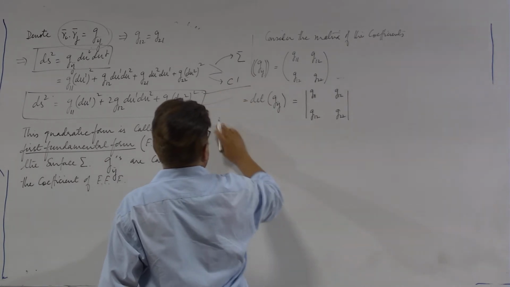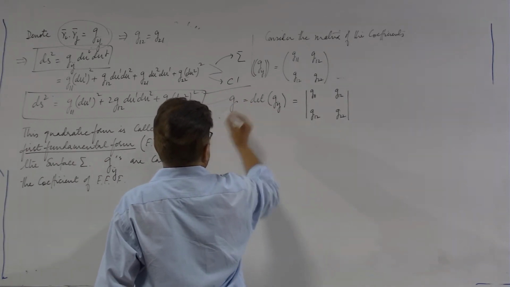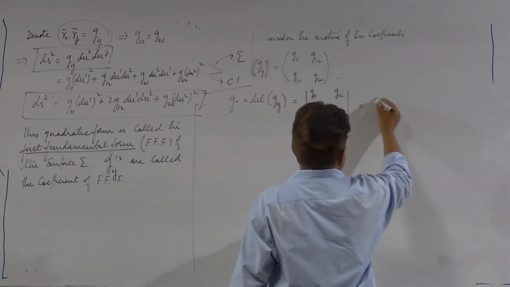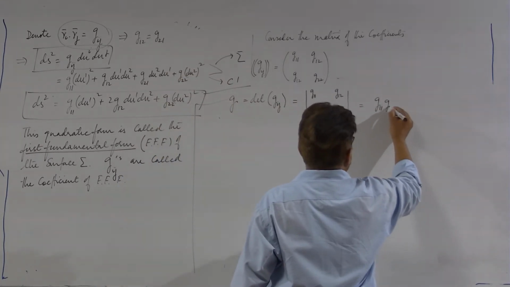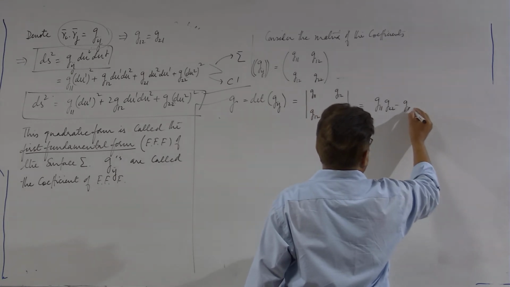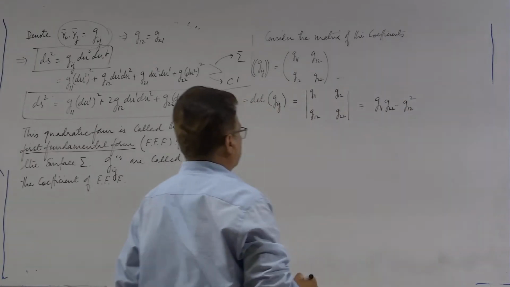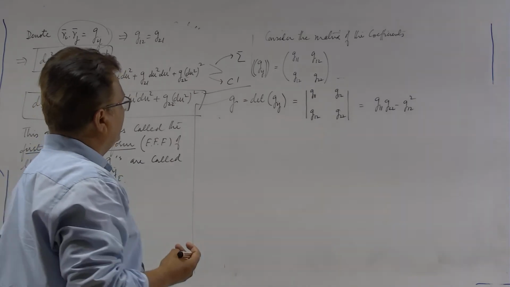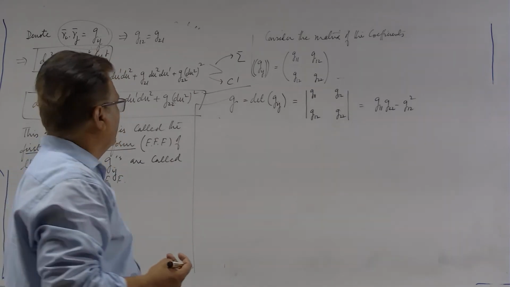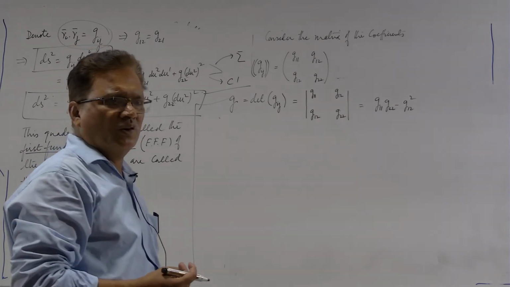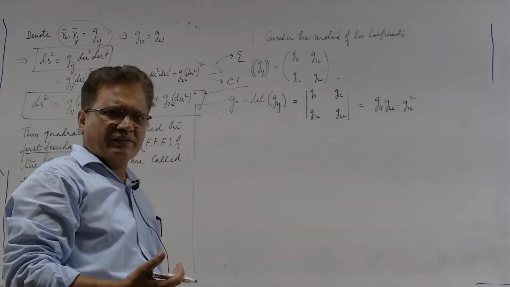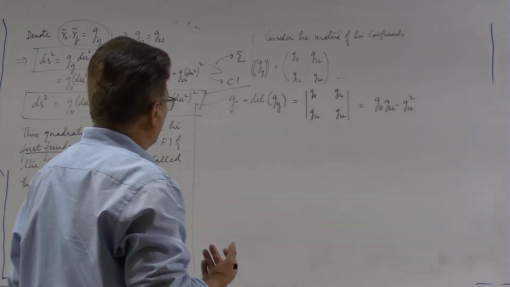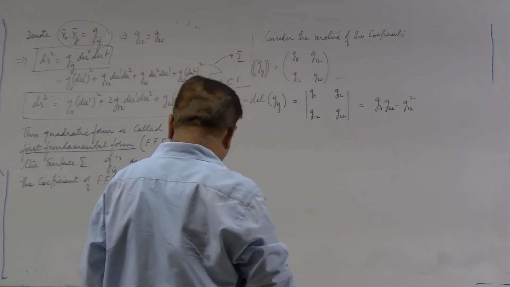The symbol for the determinant of Gij is G, and its value will be G11 into G22 minus G12 square. This is G. Now, naturally, whenever you have a matrix, you ask yourself whether this matrix is singular or non-singular. For what surfaces this Gij matrix is singular and for what it is non-singular. This we will be working out.